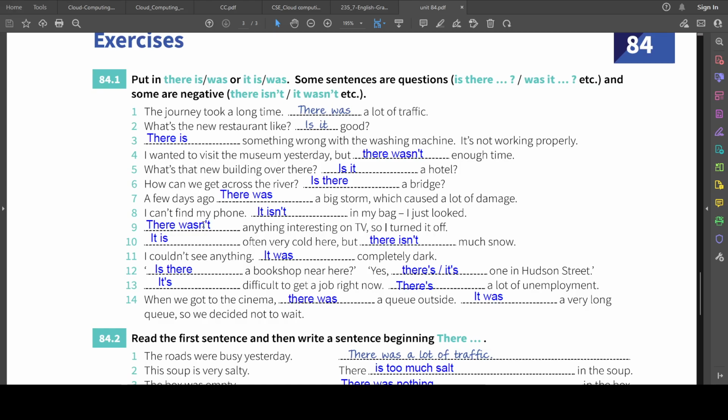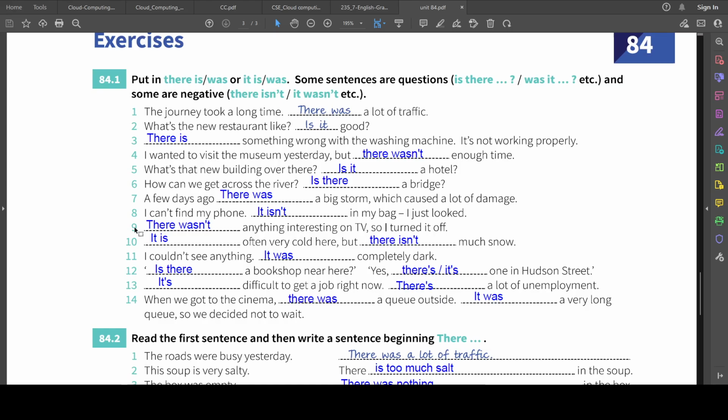I can't find my phone. It isn't in my bag. I just looked. So I can't find my phone. It isn't in my bag. We're talking about a specific thing, in that case, the phone, you know.